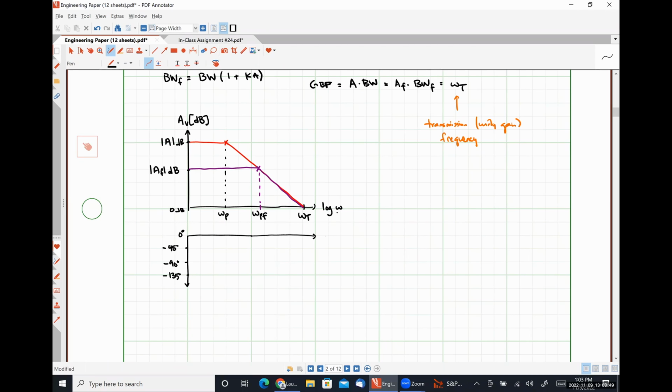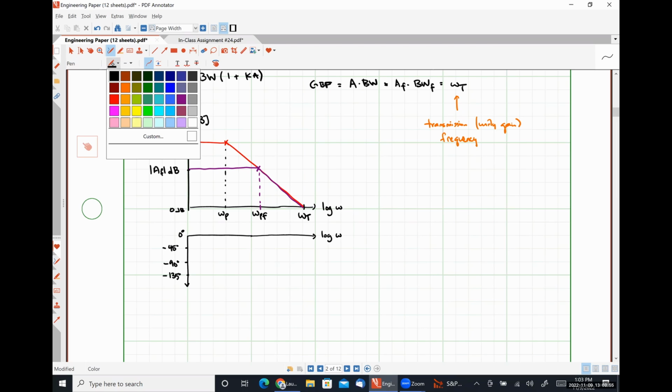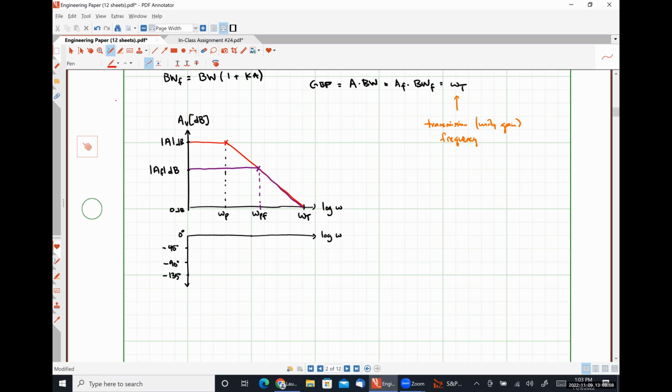This is a log of omega graph. So at omega p, at this very specific frequency, we're going to hit -45 degrees. At 1/10 of omega p, it's going to start changing from 0 and heading towards that -45 degrees. And at approximately 10 omega p, or 1 decade further, we are going to hit -90. So the single pole amplifier is going to introduce overall a 90-degree phase shift.